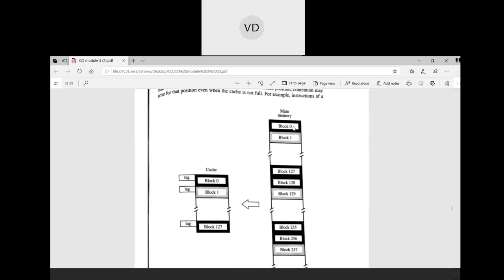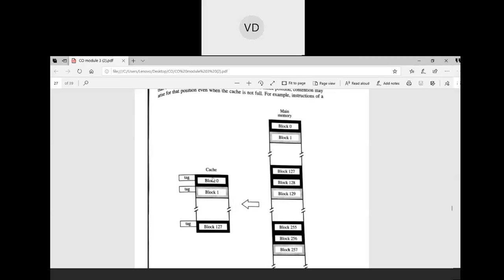So block number 0, block number 128, block number 256, and so on, all these are stored in block number 0 of cache memory. All these three blocks will be stored at block number 0.